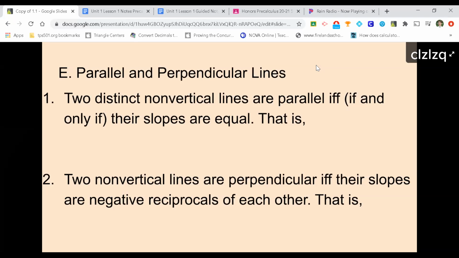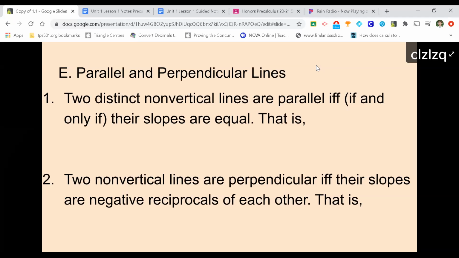Parallel lines are two lines that never intersect. They continue forever in both directions, never growing more apart or closer together from each other. And we say that their slopes are equal.